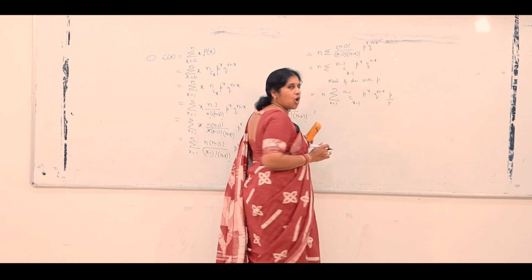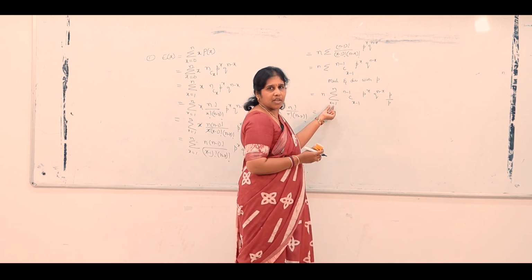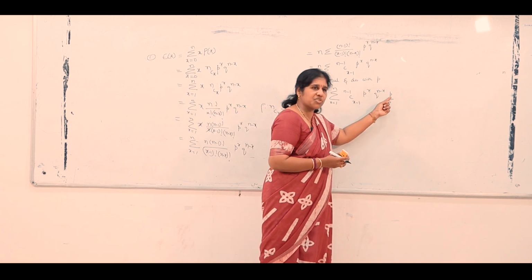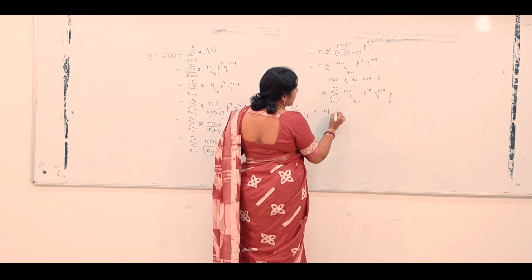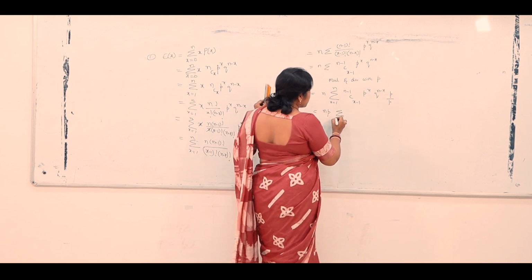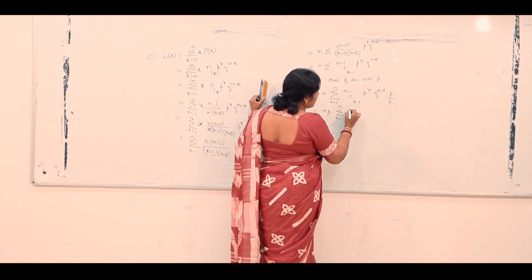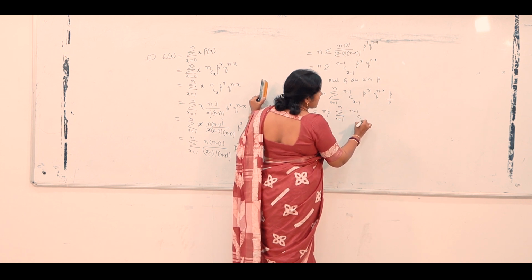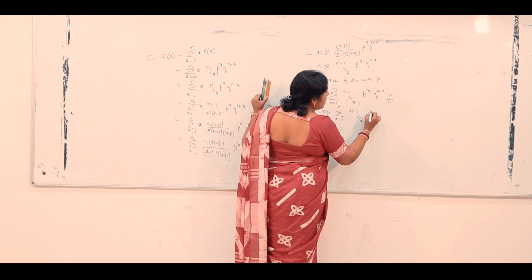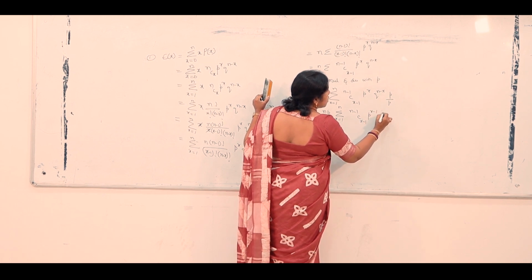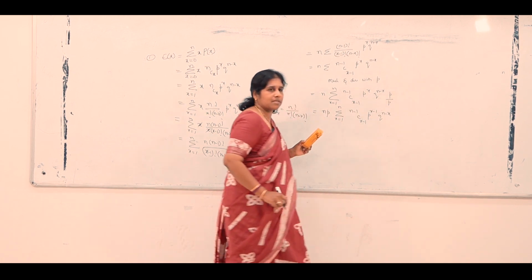But the numerator P is not required, and it is a constant independent of X. So, this constant term I'll write outside the summation. So, N into P summation X equal to 1 to N, N minus 1 C X minus 1, P power X by P will become P power X minus 1 Q power N minus X.